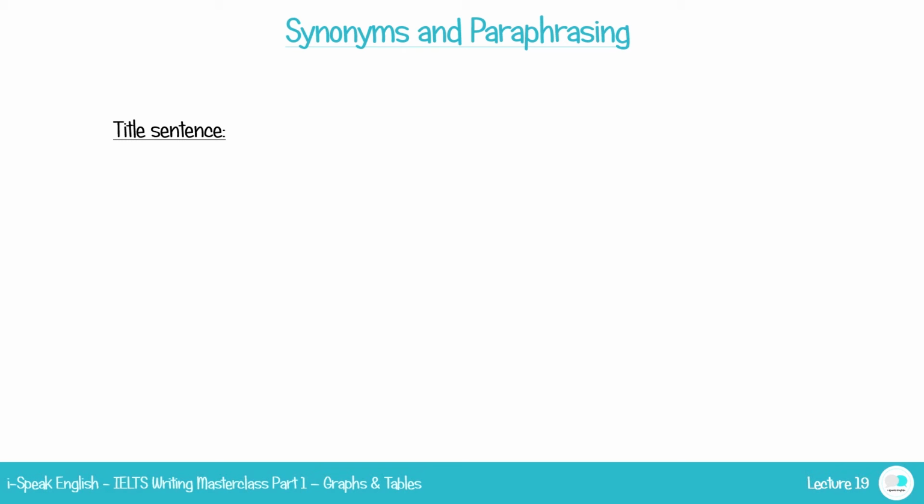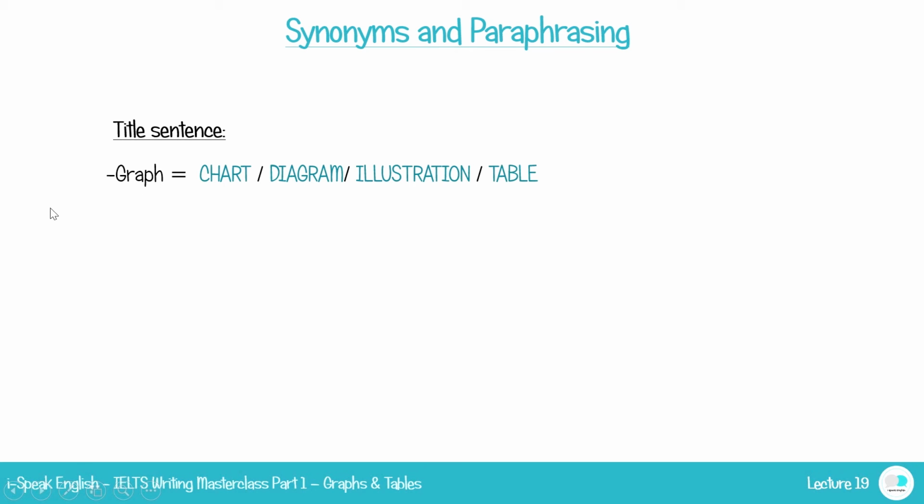So for your title sentence, we may have seen these words before in a previous lecture, if you've looked at the lecture for your paraphrase sentence, your first sentence in your essay. So words for graph, you can say chart, diagram, illustration, or table. So try to keep at least 3 of these words in mind when you go into the exam.